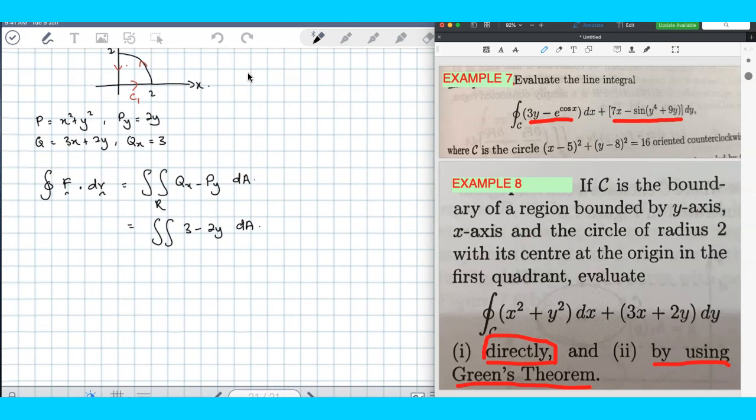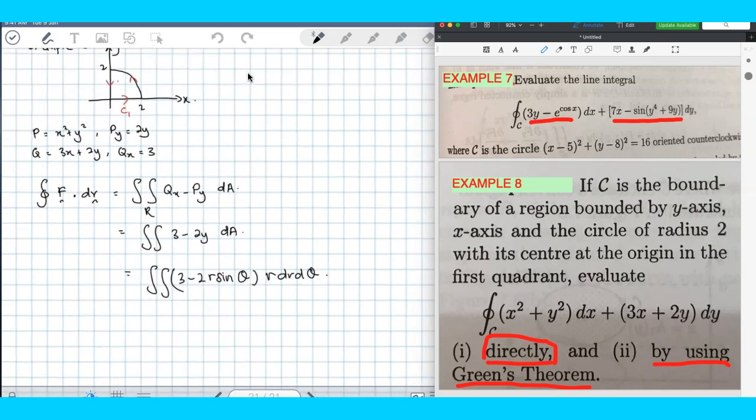maybe, of course, we need to use polar because this is a circular region. So now we convert into polar: 3 minus 2r sine theta, multiplied by r dr d theta.